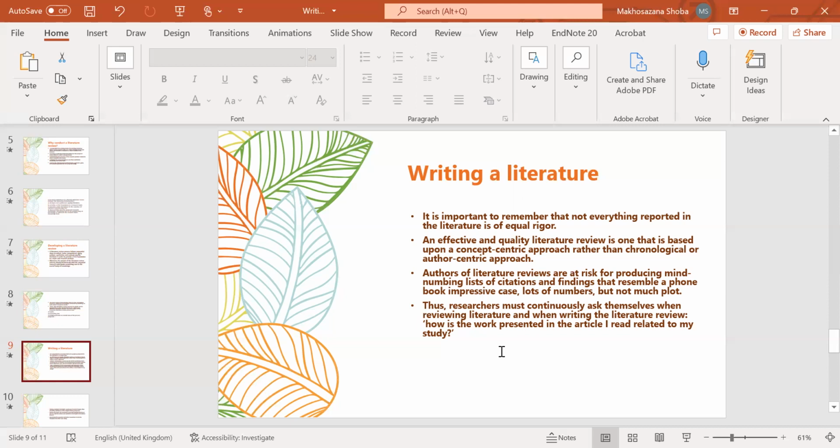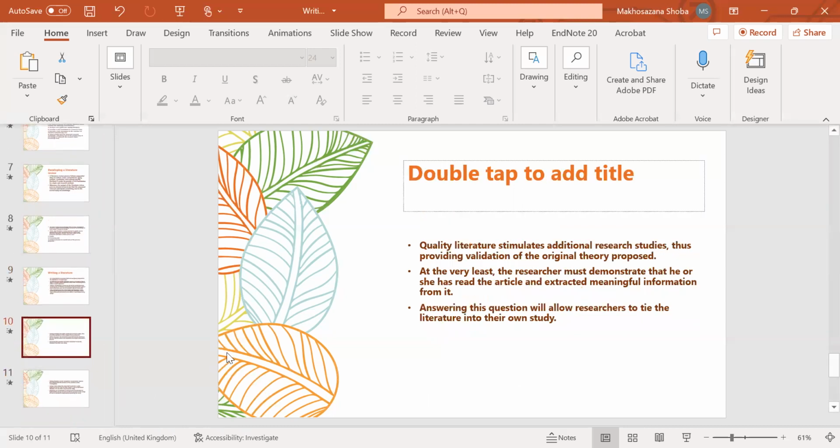This is the most important question, so that you avoid producing mind-numbing lists of citations and findings that are referred to here as resembling a phone book, right? You need to be very, very careful on this one when writing a literature review.